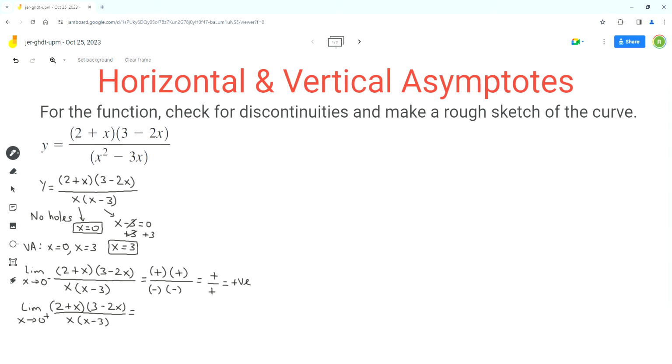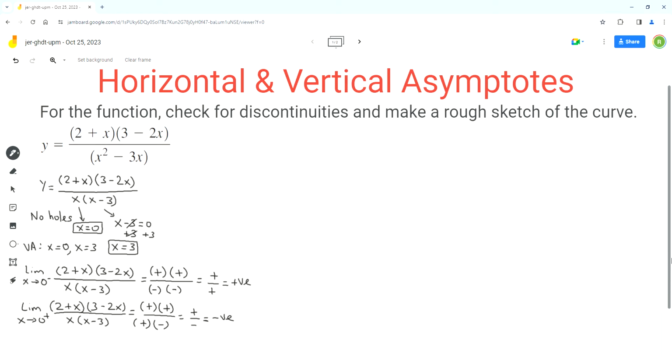Now if we sub in an x value to the right side of 0 but close to 0, like 0.1, the first parentheses in the numerator will give us a positive result, and we'll get a positive result from the second parentheses. Now in the denominator, x will be positive, but x minus 3 will give us a negative result. So we'll get positive over negative, and the overall value will be a negative value.